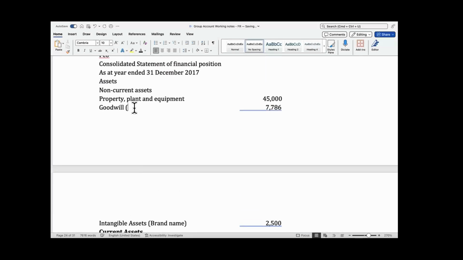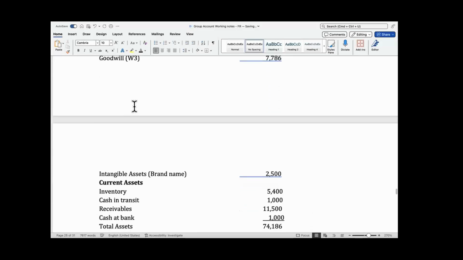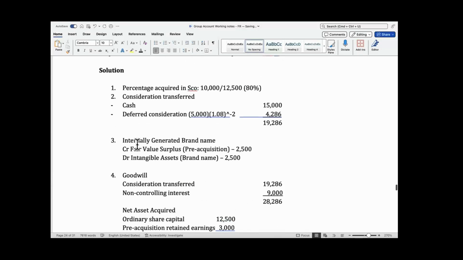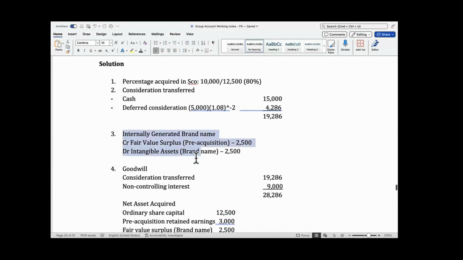This one comes in as working 3, working 4.